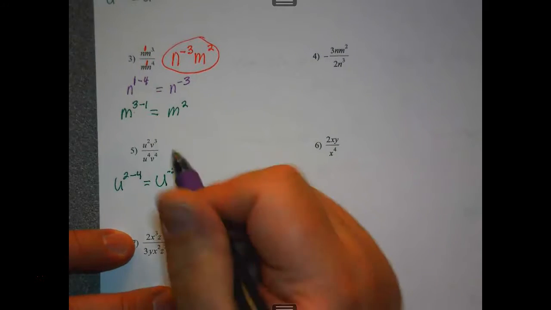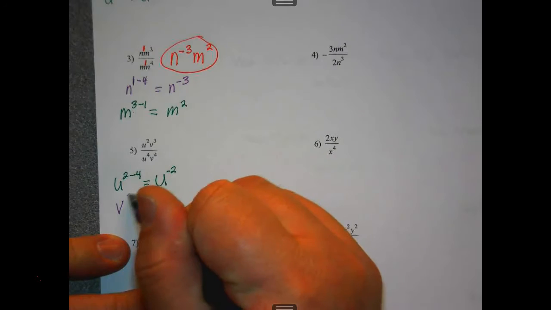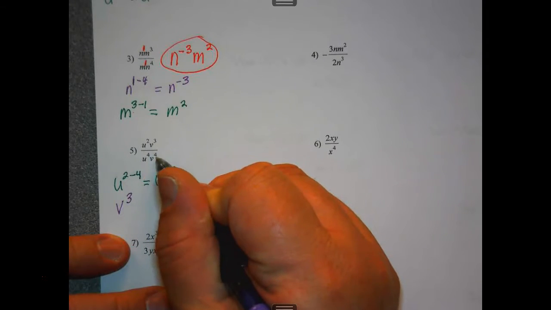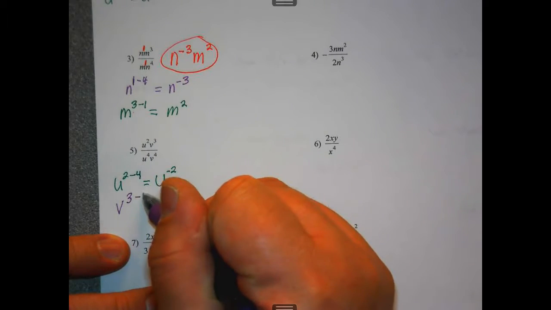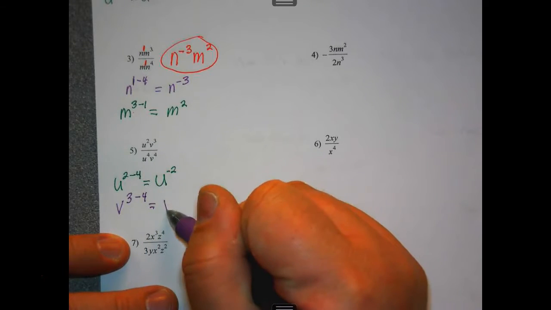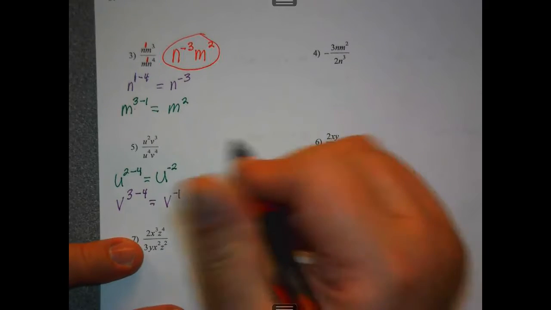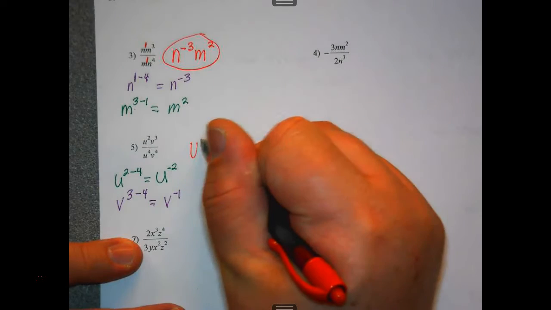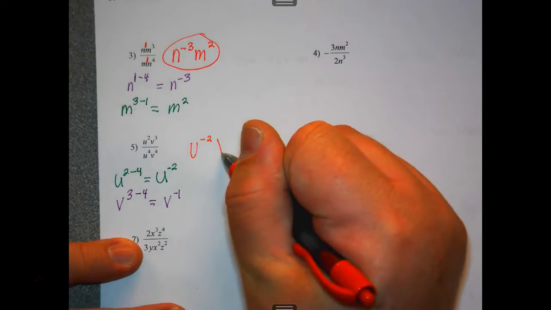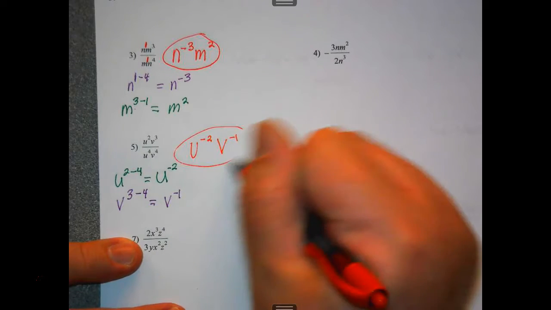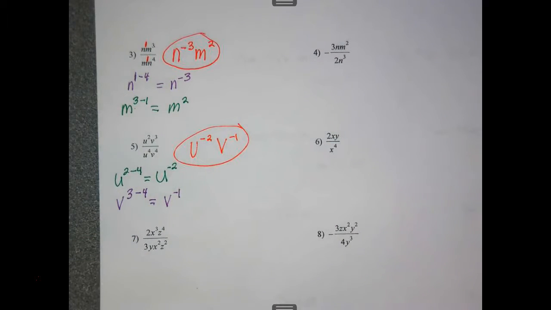And then I have v cubed on top, and I'm going to subtract the 4 on the bottom. That gives me v to the negative 1. And for now, that's as far as we're going to go. U to the negative 2, v to the negative 1. Tomorrow, we will get rid of those negative exponents.